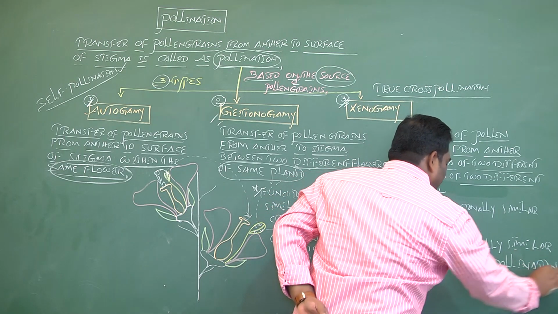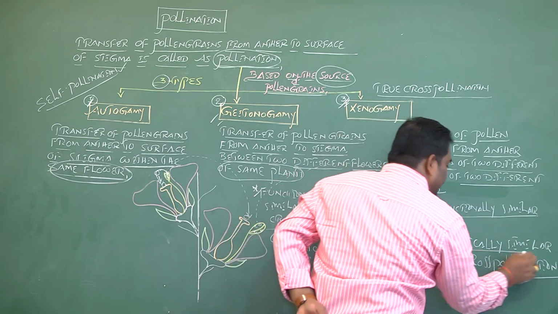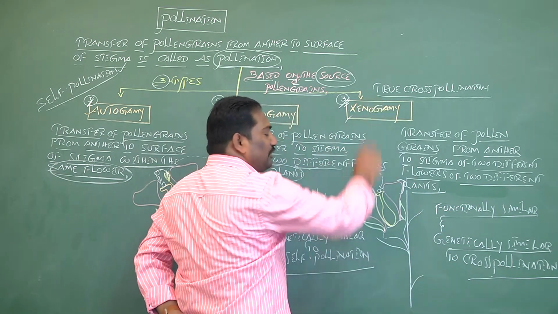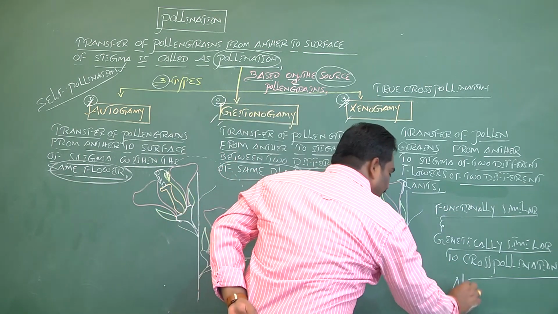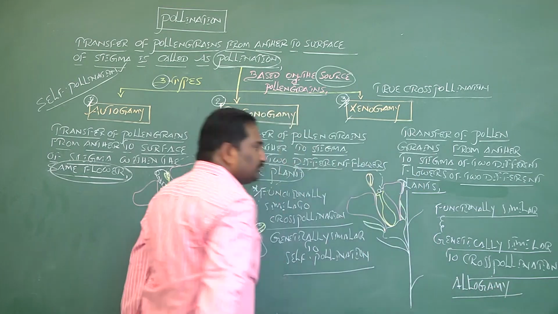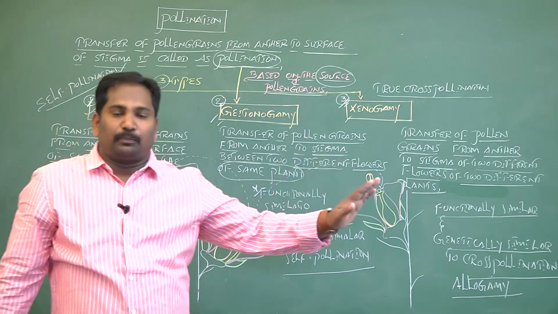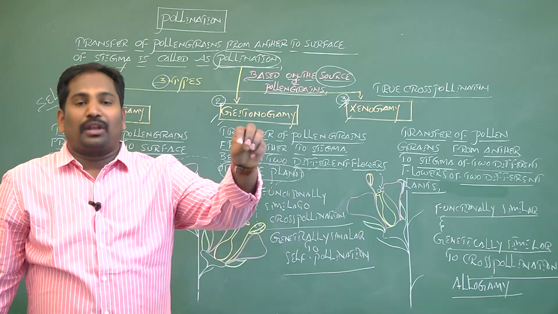Which type of pollination is both functionally and genetically similar to cross-pollination? Xenogamy. Cross-pollination is also called allogamy. These are the three different types of pollination in flowering plants based on the source of pollen grains.